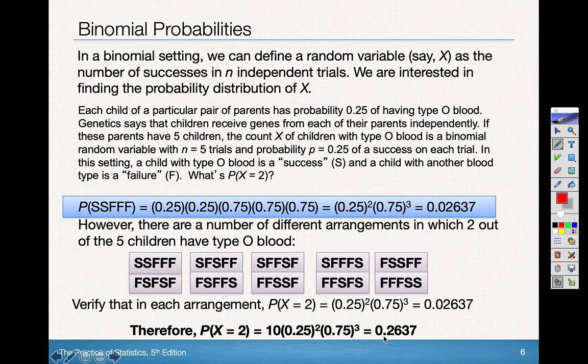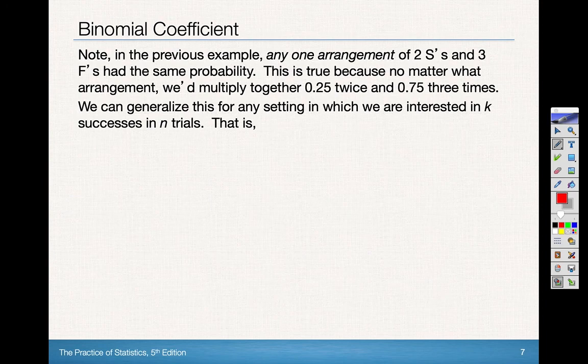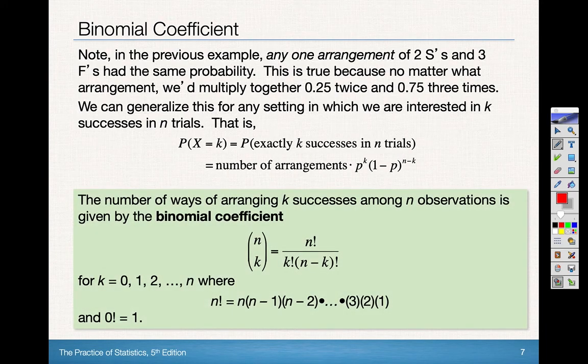So the real probability of getting exactly 2 out of 5 with type O blood is a binomial situation. So let's see. You've maybe seen this before. You've all seen combinations before. But believe it or not, this is just using the idea of what a combination is, n factorial over k factorial times n minus k factorial.